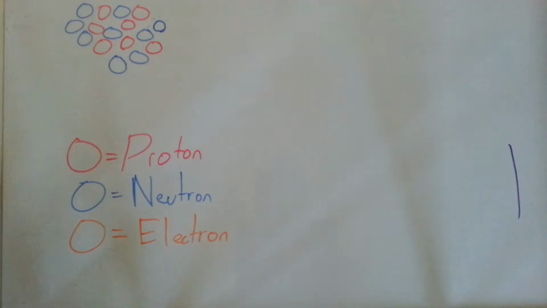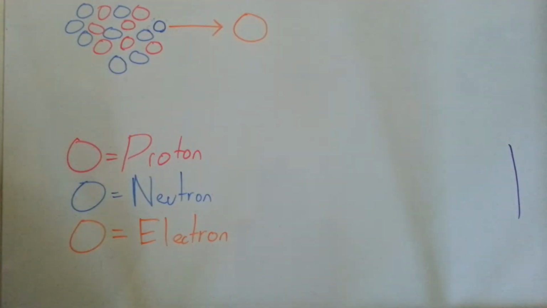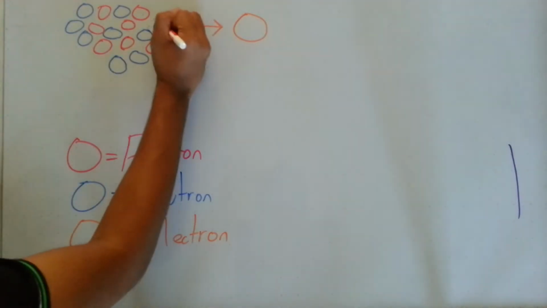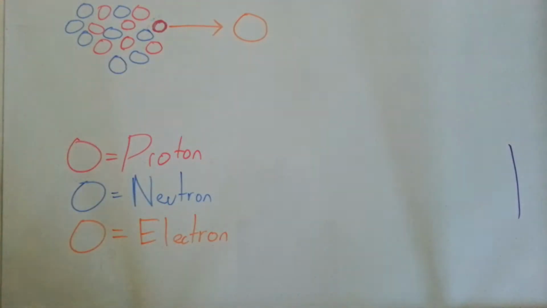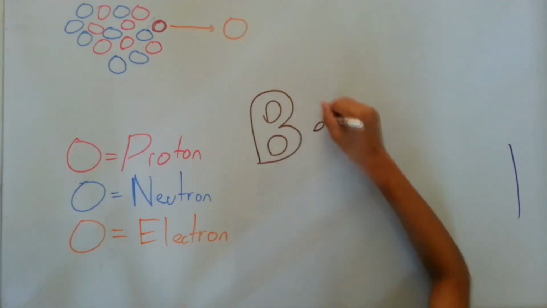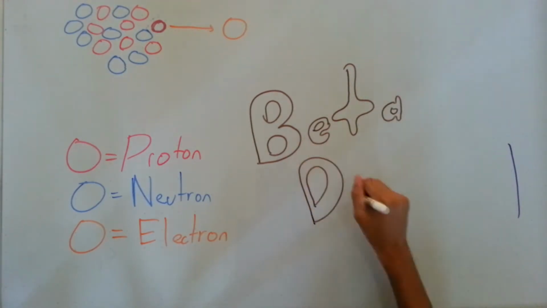And so to become a proton, remember, a neutron has neutral charge, so it emits an electron, and by emitting an electron, instead of being neutral, now it turns into a proton. And so this is called beta decay. And a beta particle is really just that emitted electron.